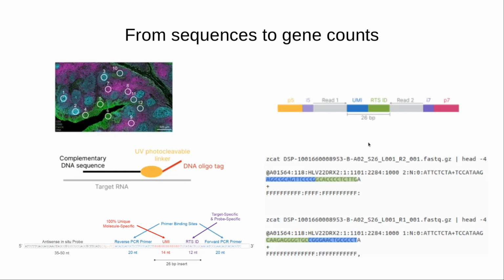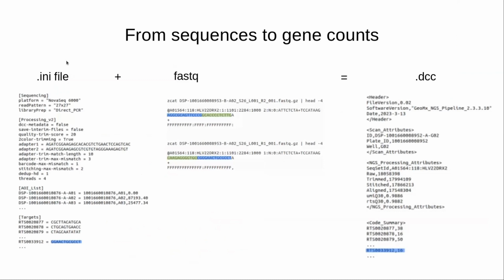So once you have the output of your sequencing machine, it looks like this, and you have your sequence here. You have the UMI in blue and the RTS ID in green here. So the next thing that happens is that a software called GeoMx NGS pipeline takes the FASTQ file that we have here and an ini file that is produced by the instrument.